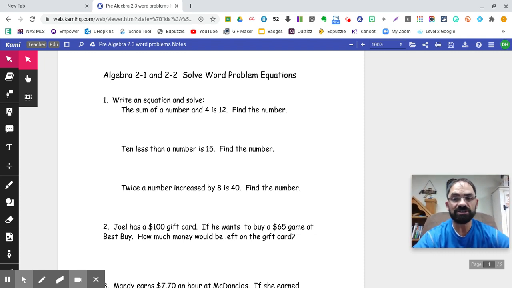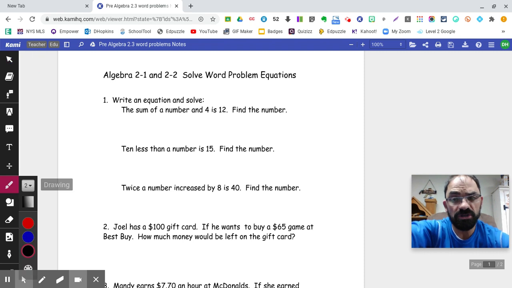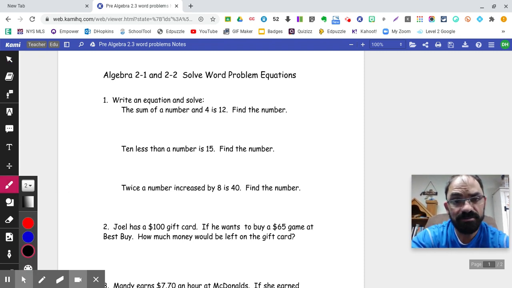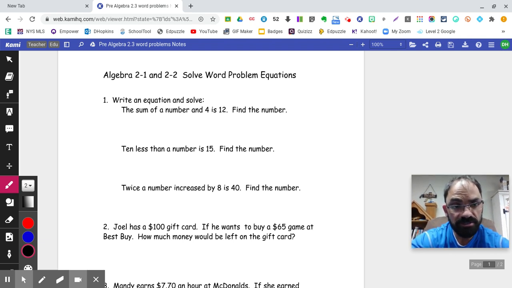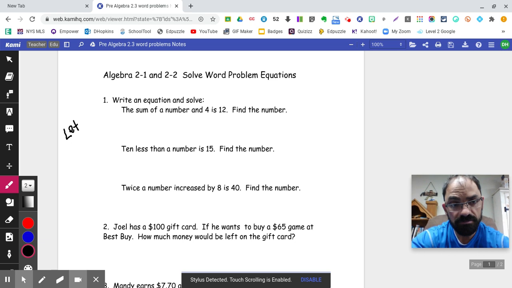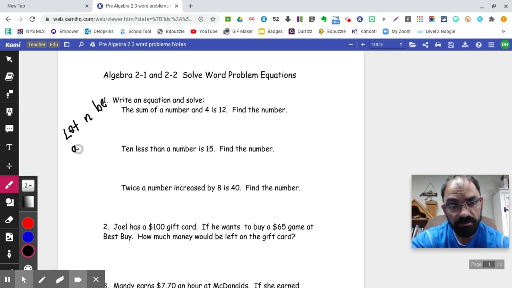It says write an equation and solve. The sum of a number and 4 is 12. Find the number. So the first thing we need to do is we have to let a variable be a number because we don't know what it is. So in this case, let's let n be a number.